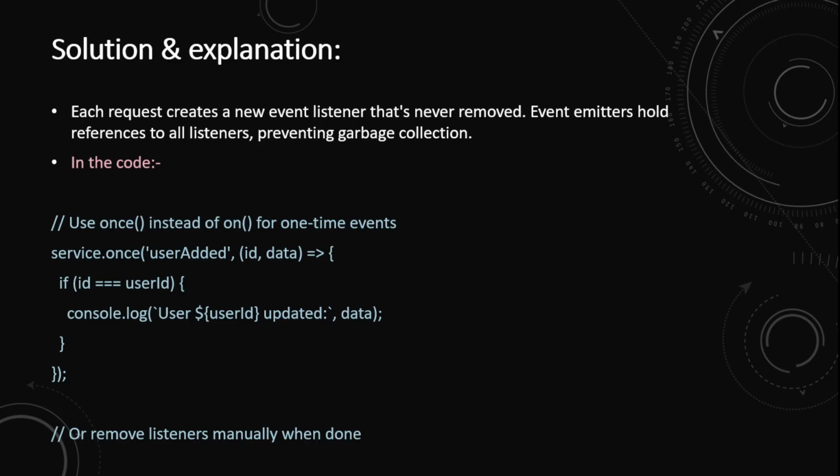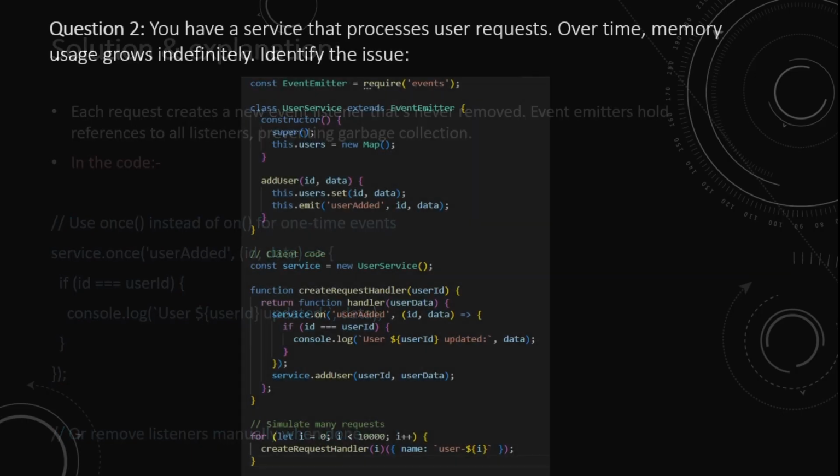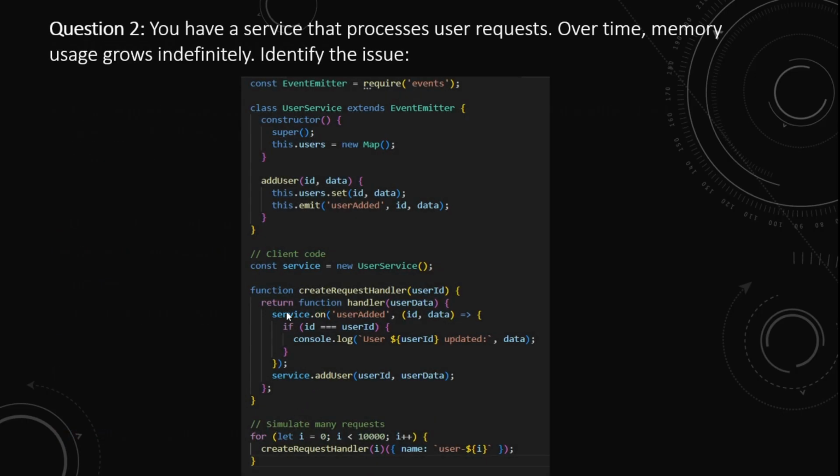To solve this issue, the code has to be modified a bit. Instead of the service.on function here, you have to use the service.once function. The second option would be, for the request listener, to explicitly remove the event listener after processing the corresponding event.